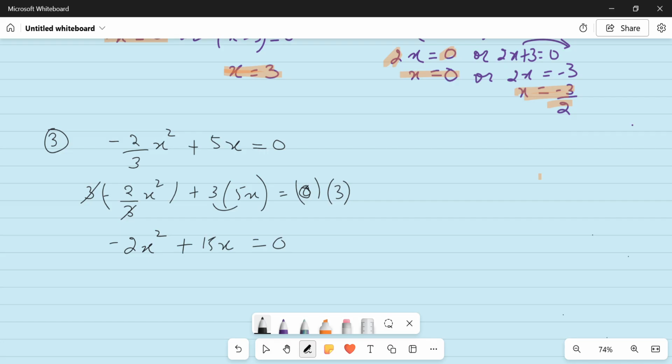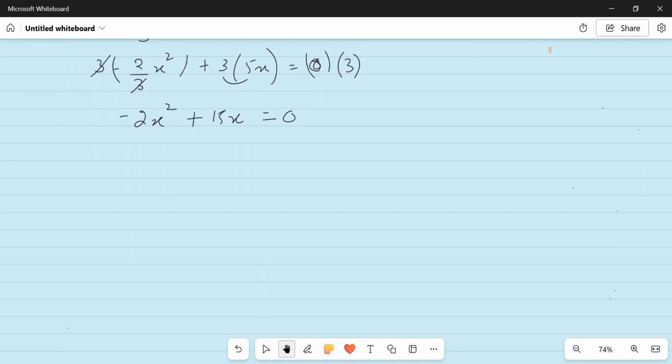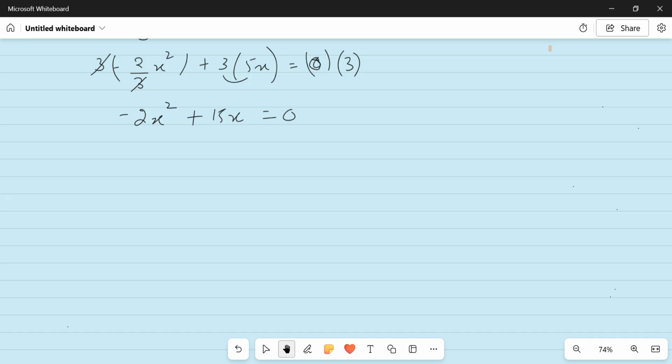Now here, students, what we need to do is factorize, right? For two values, we need both of them in a multiplication form. Here 2 is not the highest common factor. Yes, x is the highest common factor. So when we divide, we are left with negative 2x plus 15 equals 0.